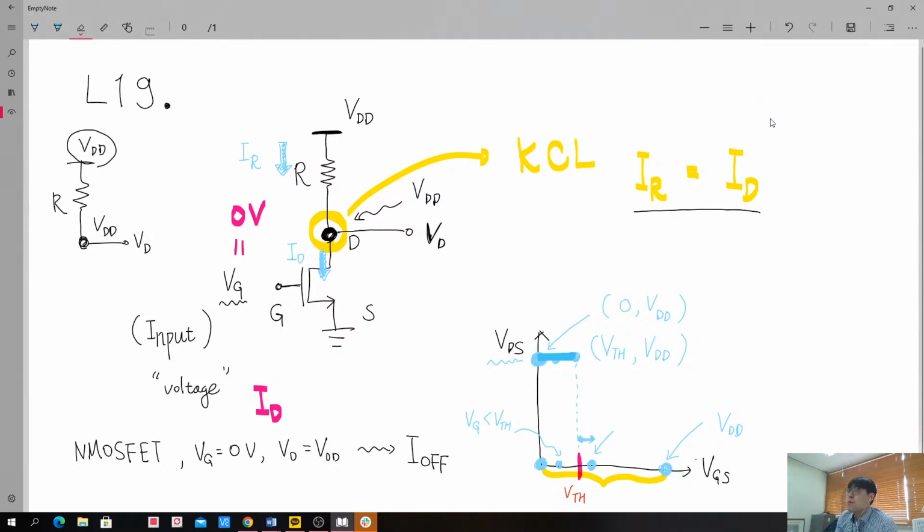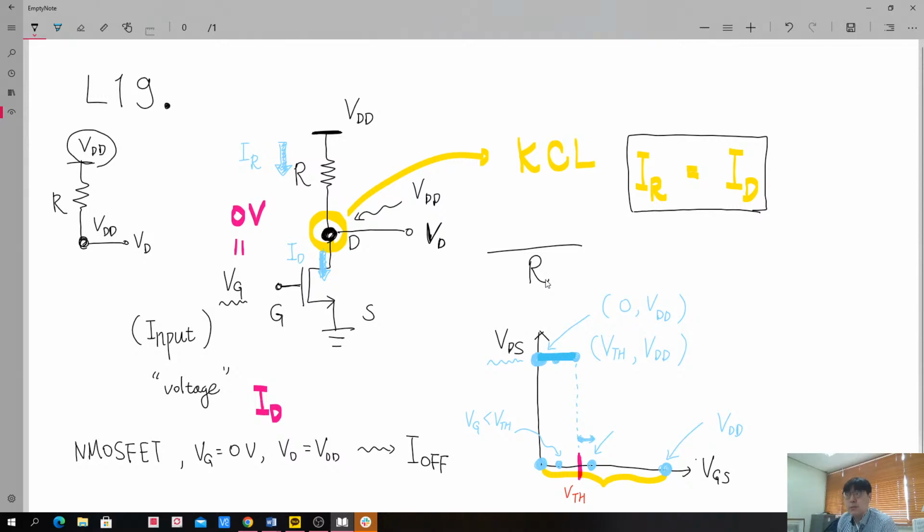So by assuming the saturation region, now we can follow this form. First of all, we have to once again rely on the KCL. So then let me explicitly write down the KCL. First of all, I have to calculate the IR. Then IR is given by the voltage difference divided by resistance.